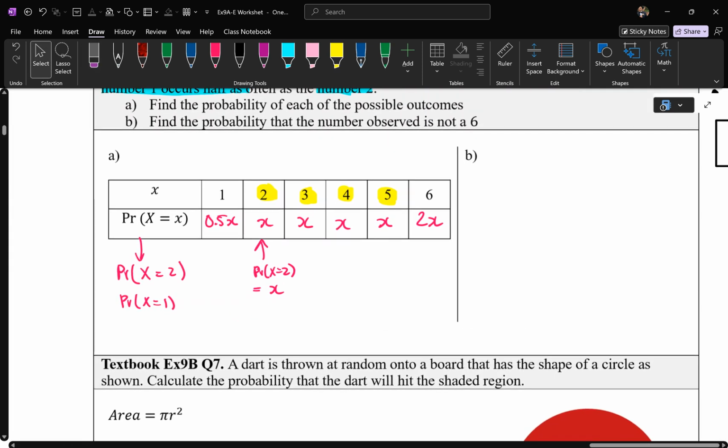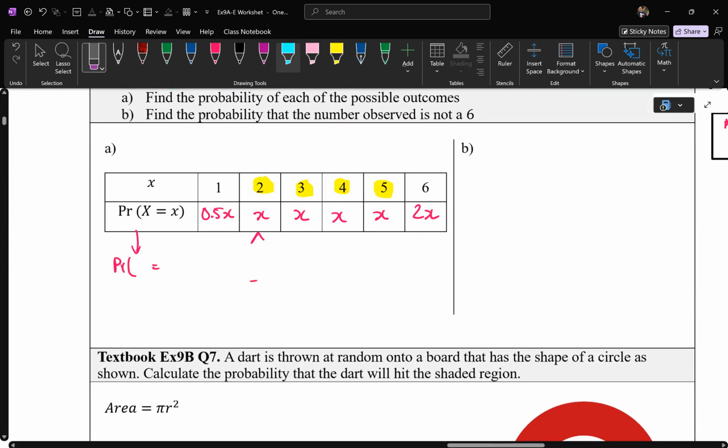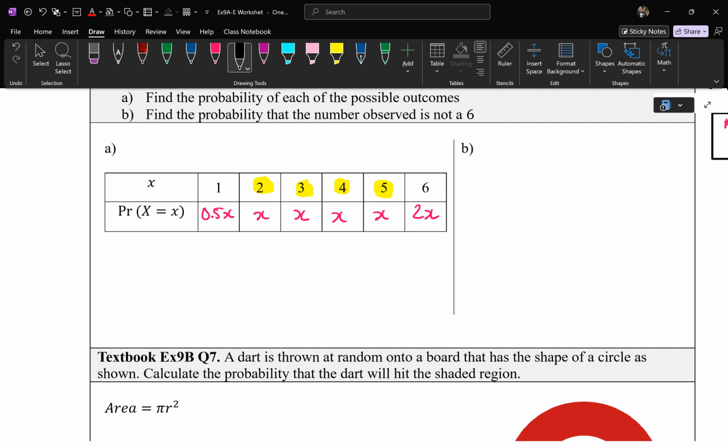So that means if I added all the probabilities together, chance of getting 1, chance of getting a 2, that means 0.5x plus x plus x plus x plus x plus 2x should equal 1. Now we can solve out what the chances are. So here we go. 1 plus 1 plus 1 plus 1 is 4. 4 plus 2 is 6. And 6 plus a half is 6.5 times x. 6.5 is 13 on 2.